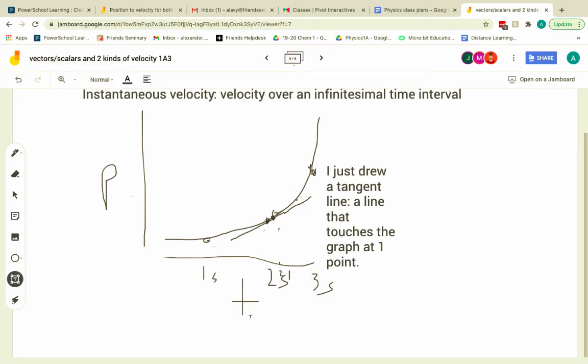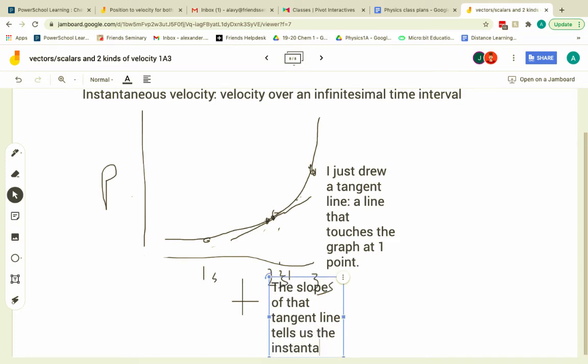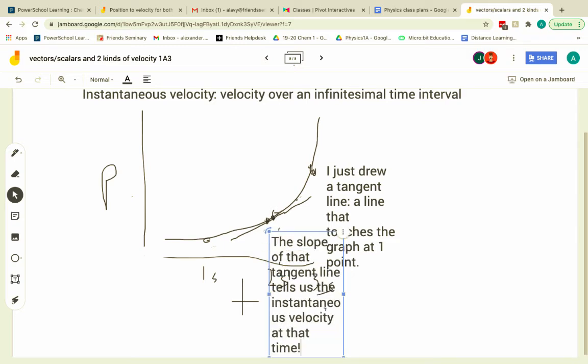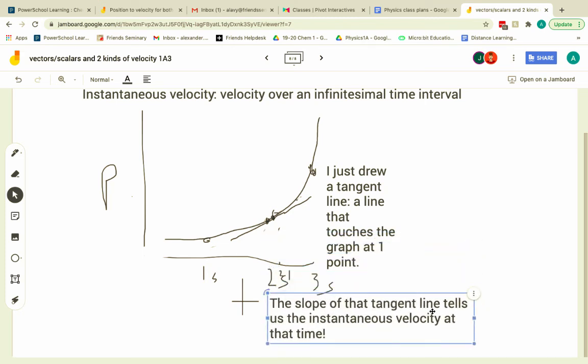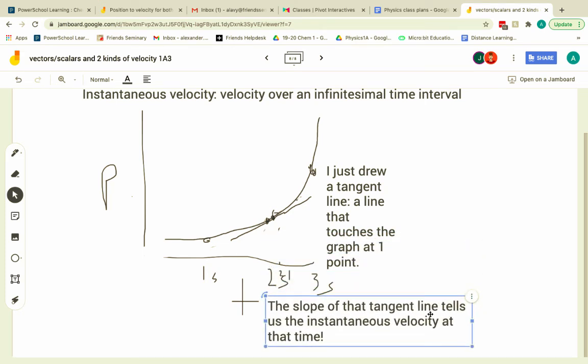And the slope of that tangent line tells us the instantaneous velocity. Exclamation point, because this stuff is super exciting. The slope of a tangent line tells us the instantaneous velocity at that time.